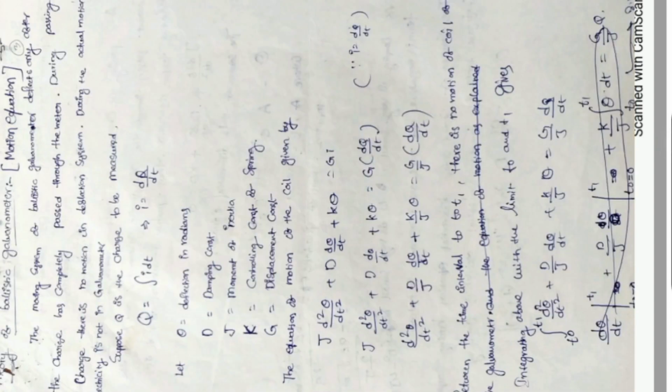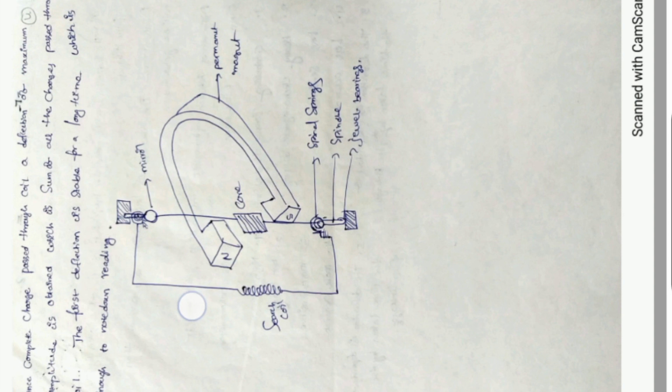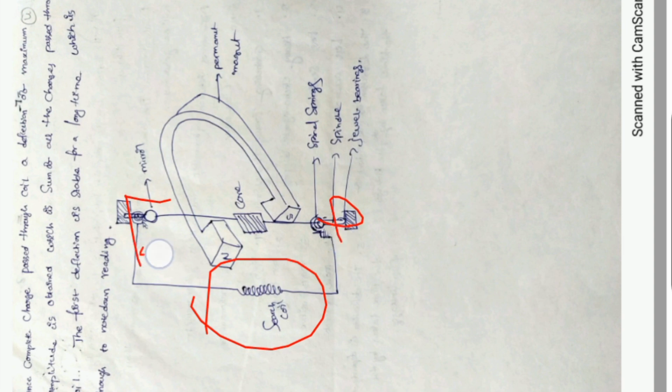You can see this search coil of the ballistic galvanometer, where we want to measure the current. That search coil will be placed there. After that it is connected to small spiral springs or flat ribbon. This is the construction difference between D'Arsonval and ballistic galvanometer.